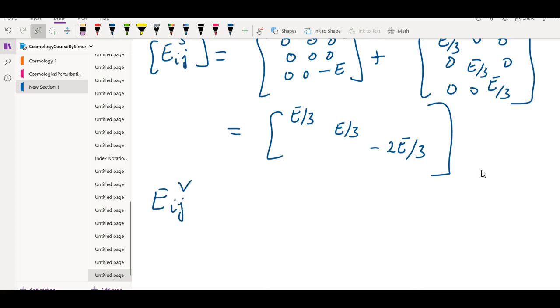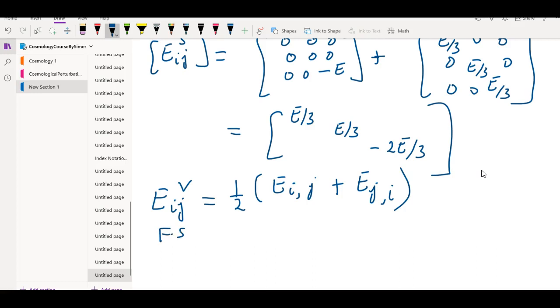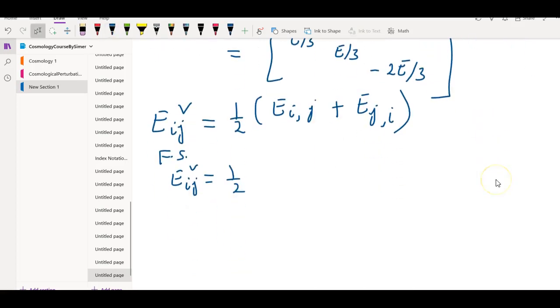Now let us see what do I get for Eij vector in the Fourier space. So what is Eij vector? It is half Ei comma j plus Ej comma i, and in the Fourier space I am going to get Eijv is equal to half, iota is going to come in front, so I will have iota in front.